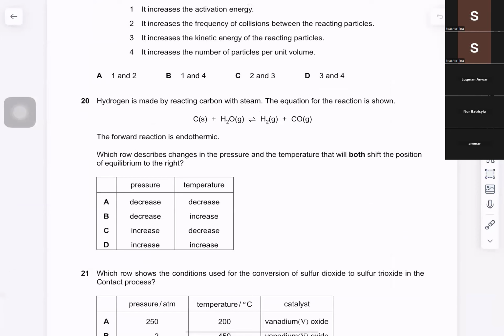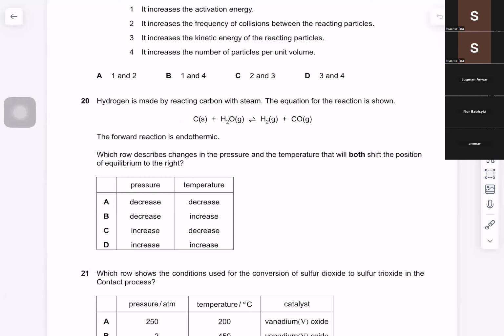Sekejap. Ya. Alright. Okay, 20 ni yang tak saja 2021 pun ada tanya juga kan tadi. 20, 21, 22. Sekejap. Siapa tanya 2021? Tadi salah lah 20 and 25. Okay. Ni.